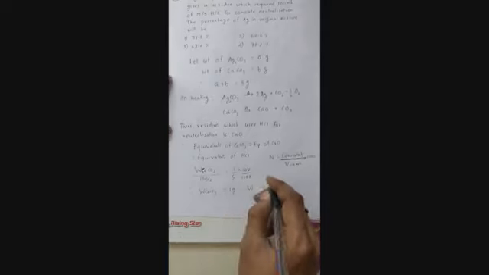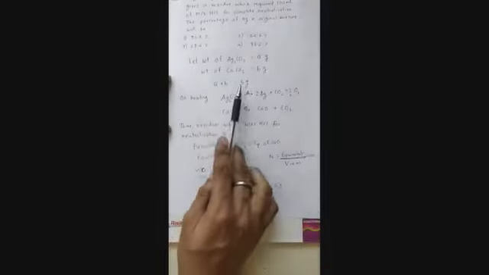So therefore what is the weight of Ag2CO3? That should be 5 minus 1, which is 4 grams, because the total of both is 5 grams. Correct or not? So that is what we got.